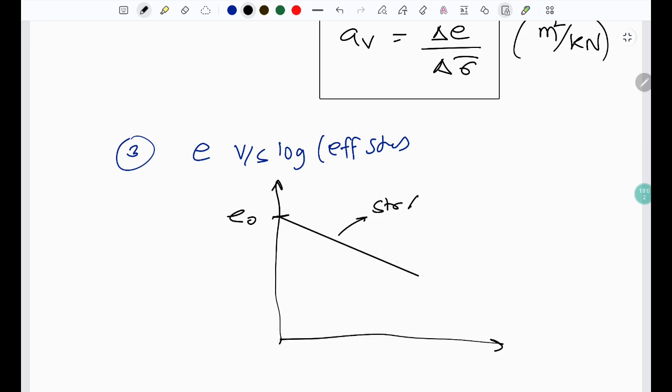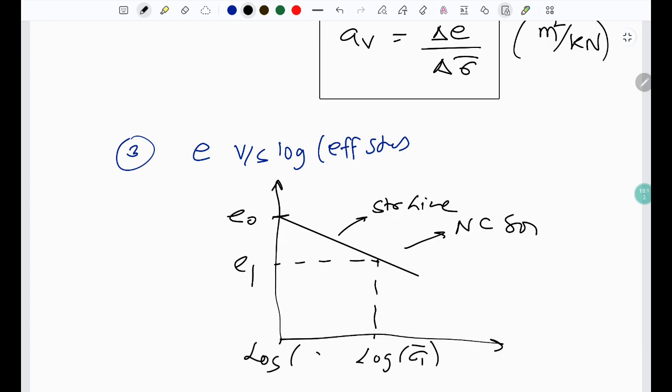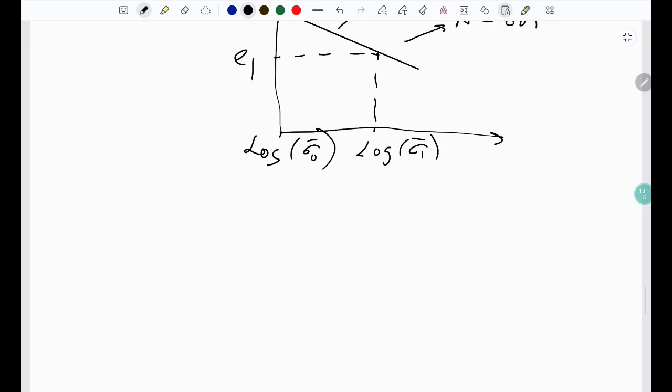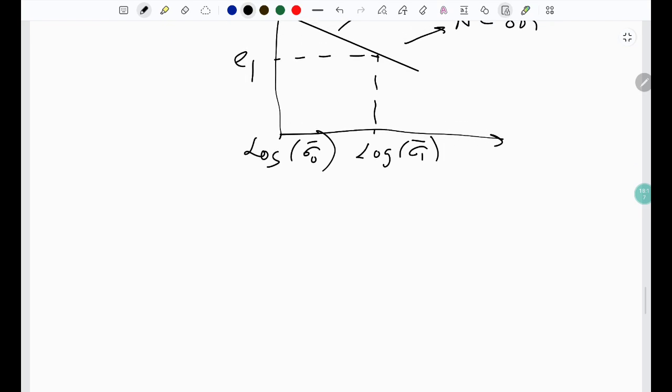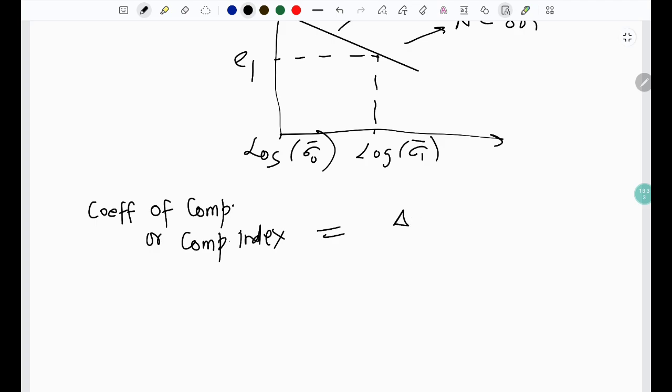So this is a straight line, and this is for an NC soil where you reach E1 at a stress of log sigma 1 bar, and initially it was log sigma naught bar, and the slope for this curve is called the coefficient of compression or compression index, which we write as Cc equals delta E over log of sigma 1 bar by sigma naught bar.